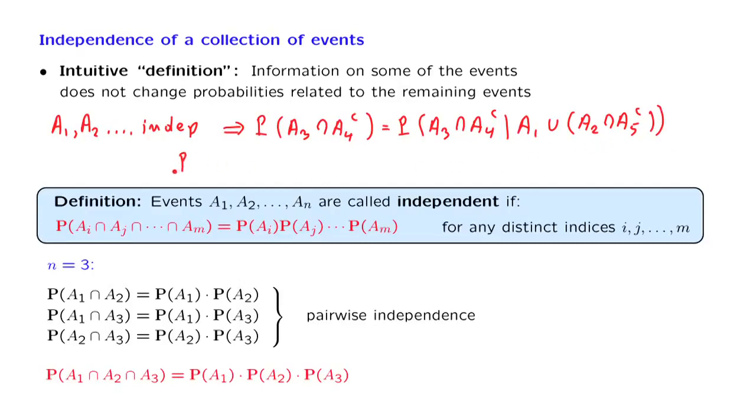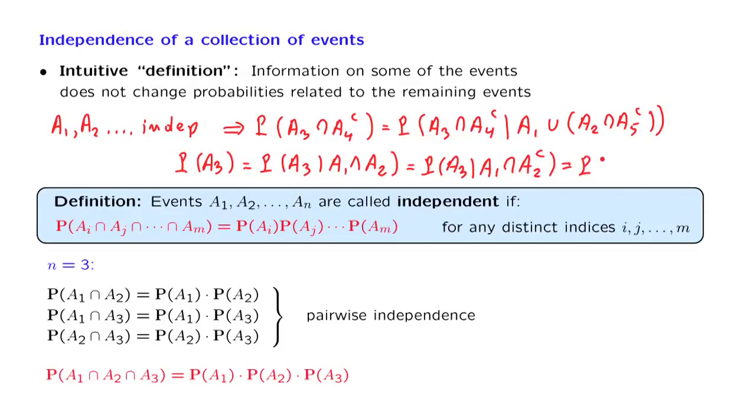The probability of event A3 is the same as the probability of event A3 given that A1 and A2 occurred, or the probability of A3 given that A1 occurred but A2 didn't. Or we can continue similarly, the probability of A3 given that A1 did not occur and A2 occurred, and so on.